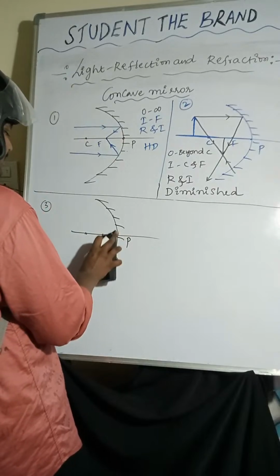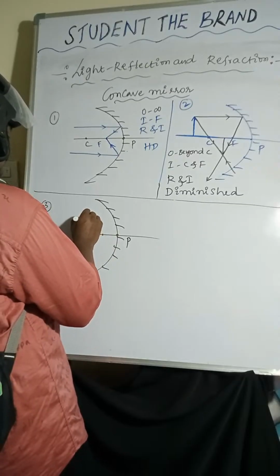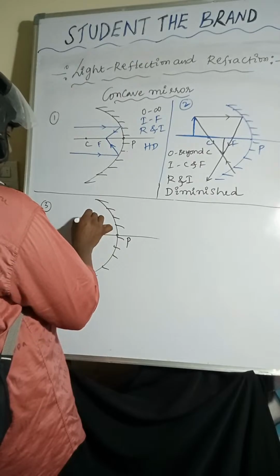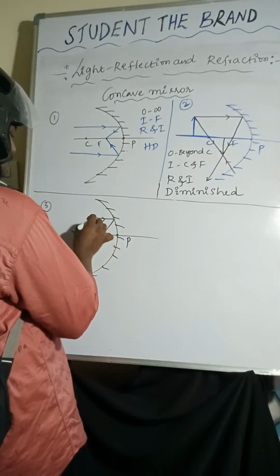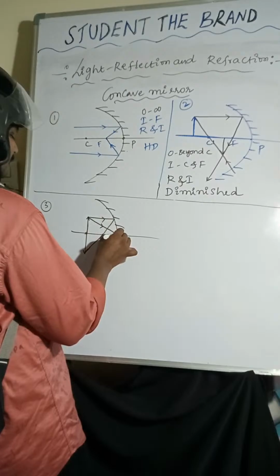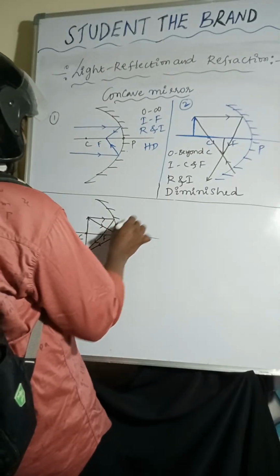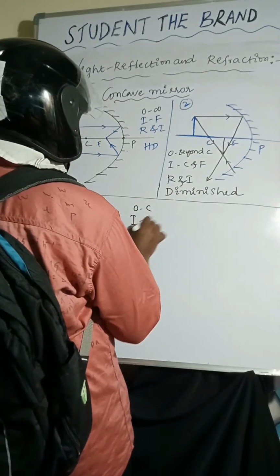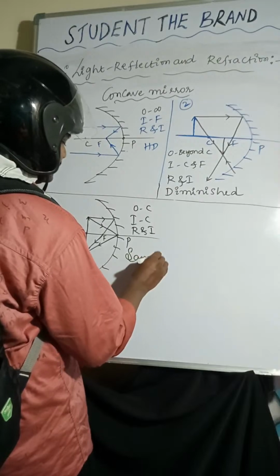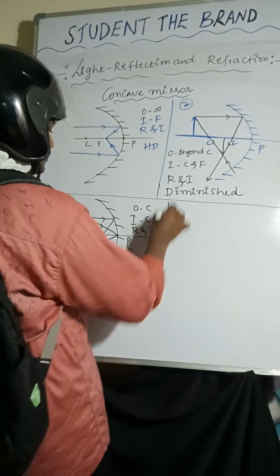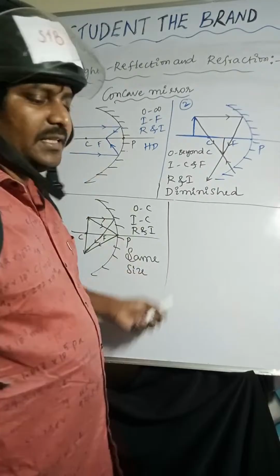So I'm taking object at C. Object at C, image also will form at C. Nature of the image is real and inverted, and same size.